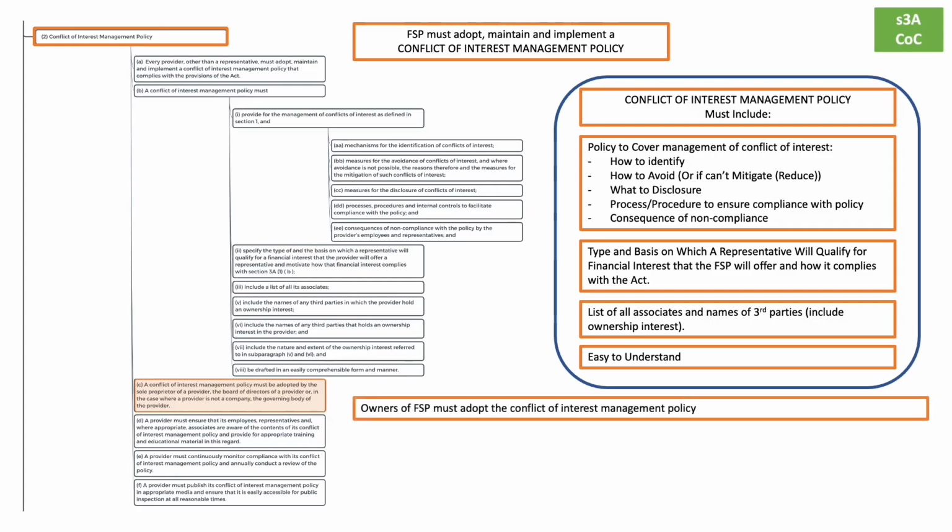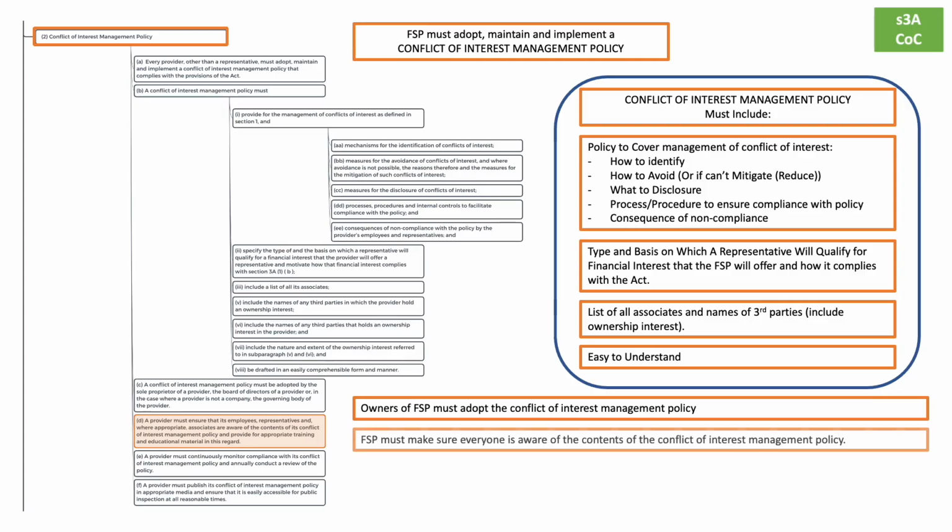Owners of the FSP must adopt the Conflicts of Interest Management Policy. This policy must be approved and implemented. The FSP must make sure everyone is aware of the contents of the Conflicts of Interest Management Policy.